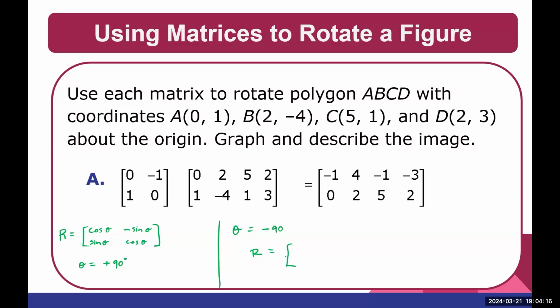So if theta is -90, cos -90 gives us... hold on a minute, that's 90. 0, sir. So it's 0. What is negative sine -90? 1. And sine -90?